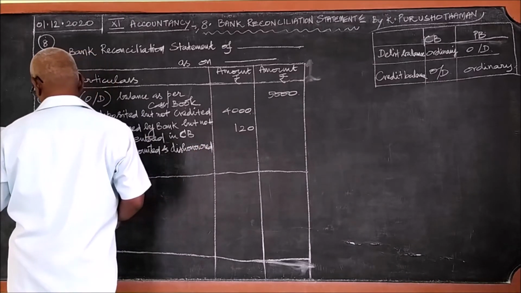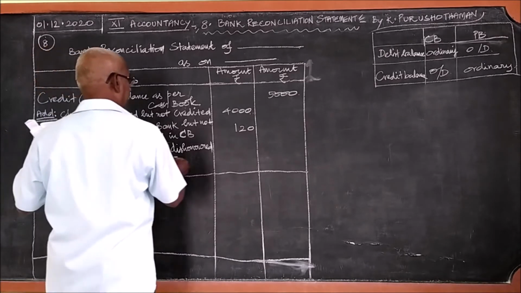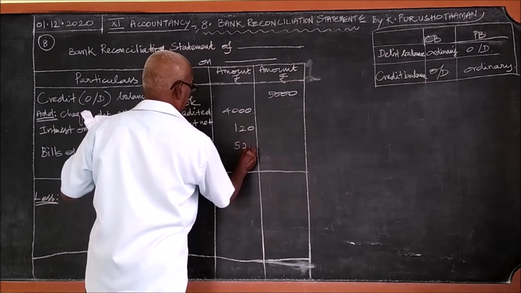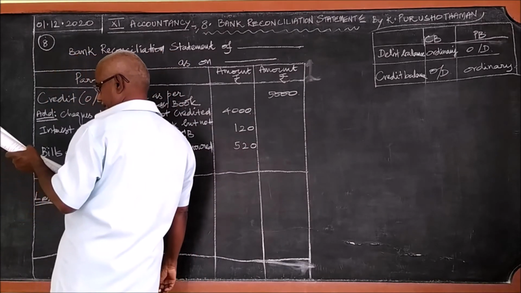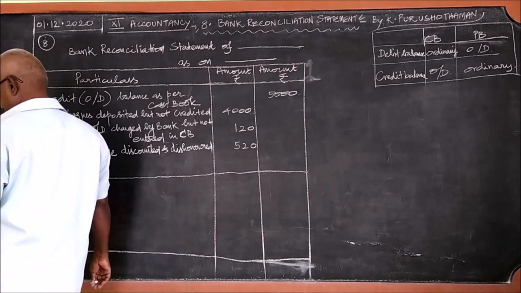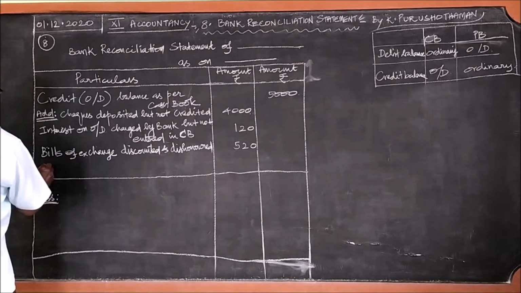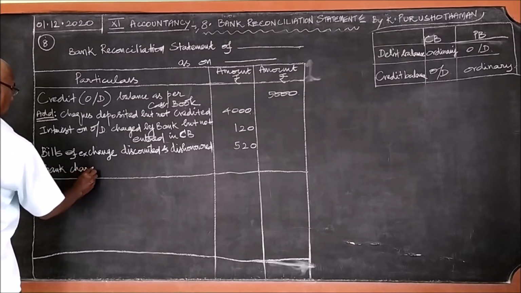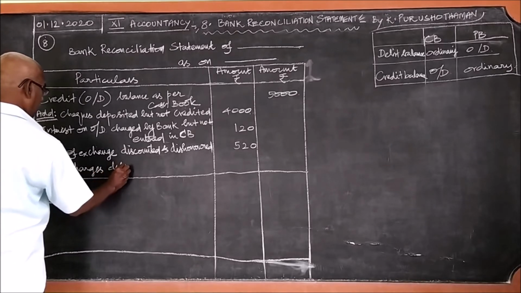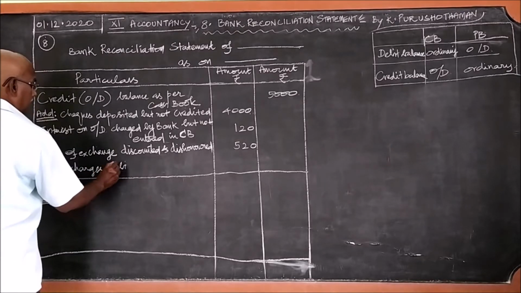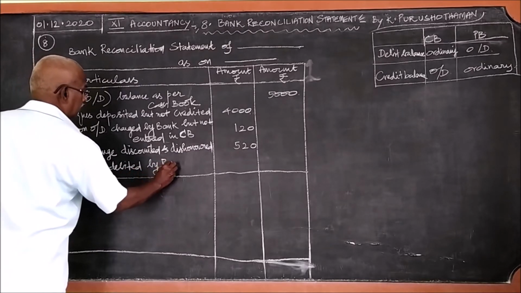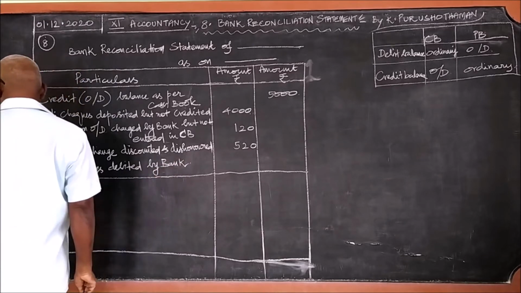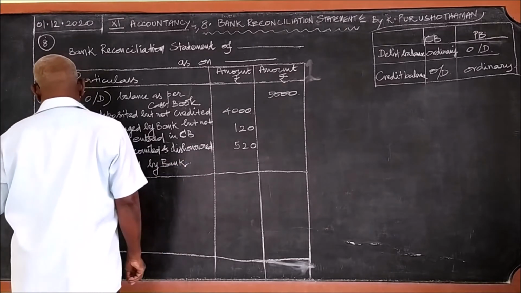Bills of exchange discounted and dishonored. 520. Then the last add item, bank charges debited by bank. Bank charges debited by bank. 55.